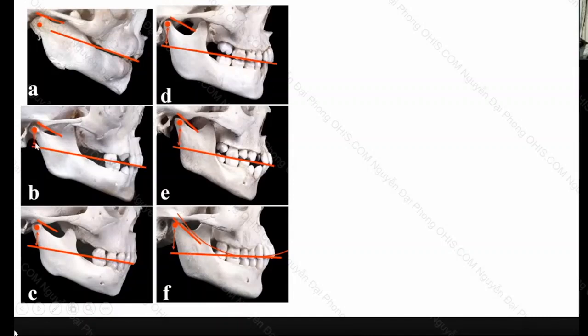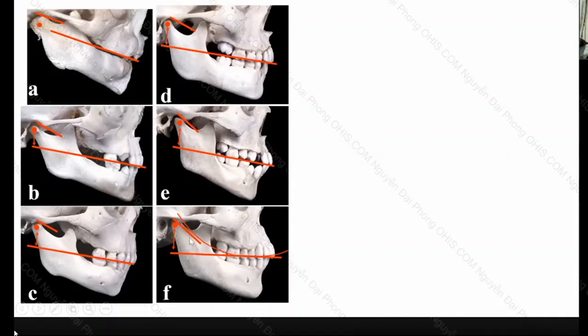Then the milk dentition is completed. Then the 6 years molar, the permanent molar, erupts here, the occlusal plane goes more posteriorly down, then DPO is increased. Then finally, all the permanent teeth are erupting, then the occlusal plane is pretty flat.